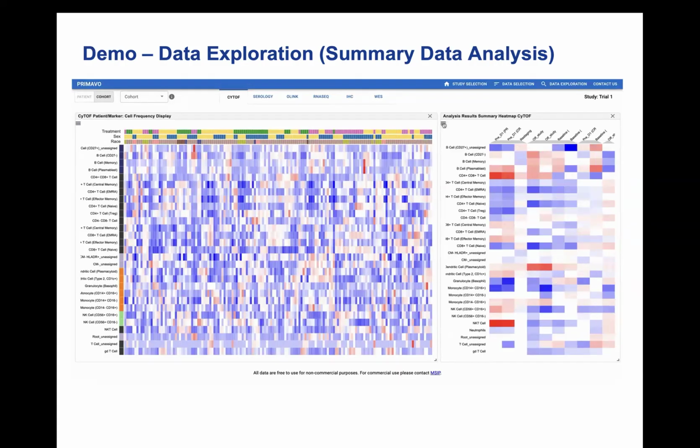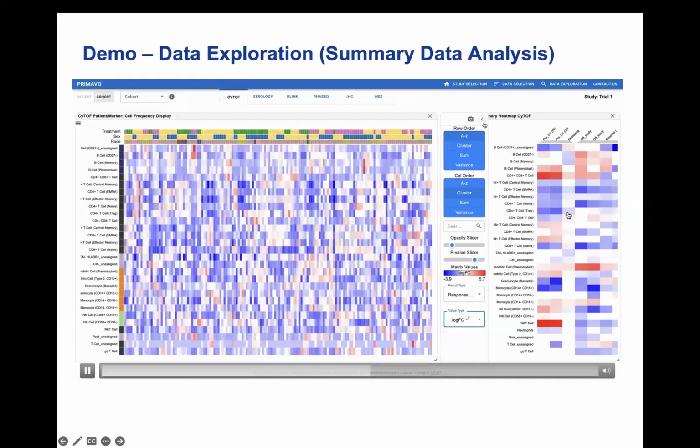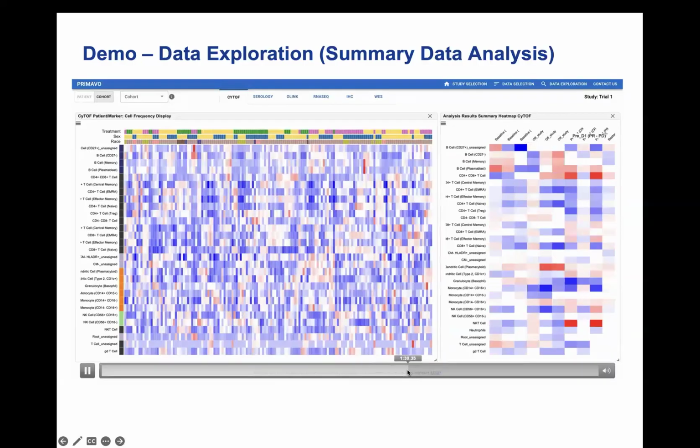Maybe we want to see subtle changes, or maybe, based on the p-value slider, just the most significant changes between them. Depending on what our needs are, we can update. And we can also look at the log fold change value or log p value between them. Again, all of this is updated in real time on the fly without any issues.